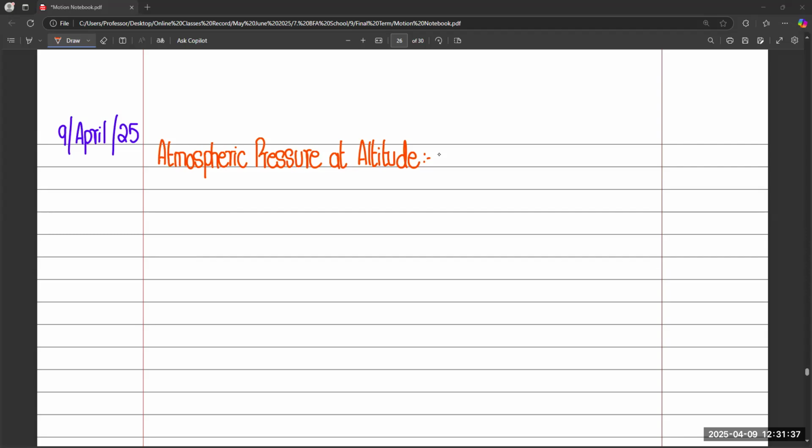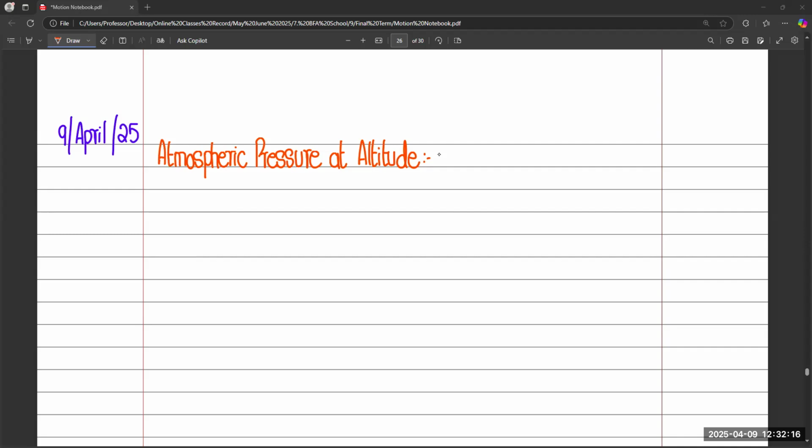We observe atmospheric pressure mostly on mountains or mountainous areas. In that region, what do you think, will atmospheric pressure increase or decrease? Generally, when we move to a mountainous area, does it become difficult or easy for us to breathe? It becomes a bit difficult to breathe over there, because the value of atmospheric pressure in our surroundings changes.